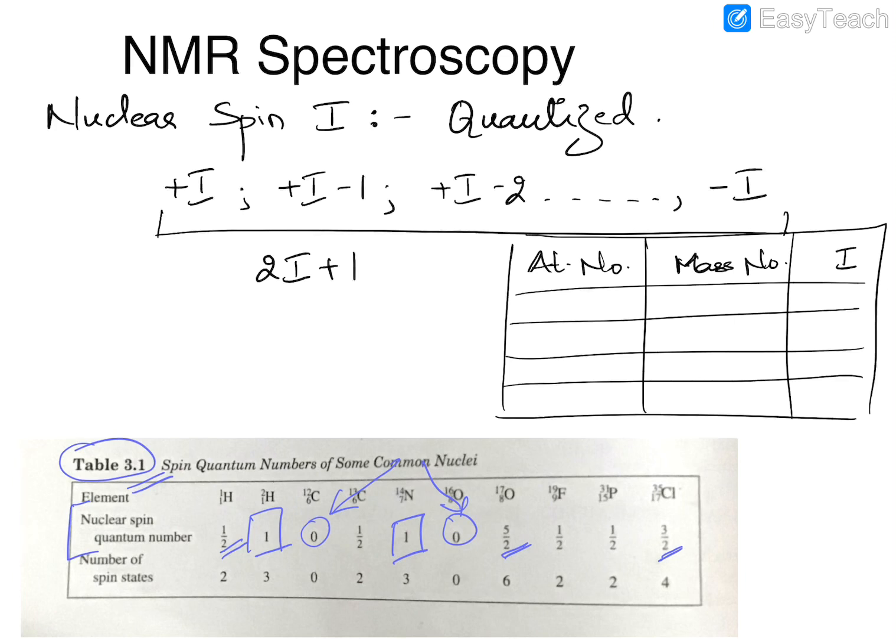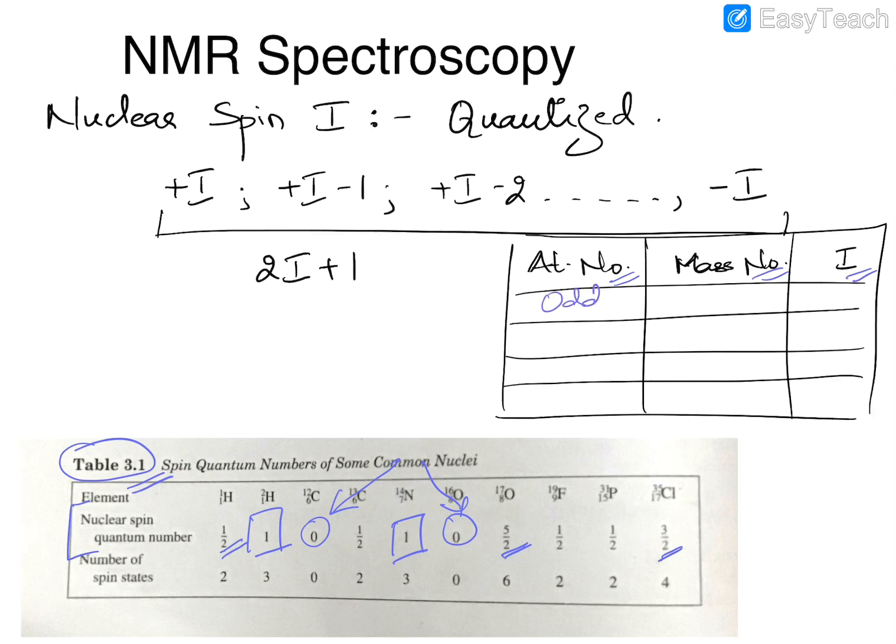When a certain nucleus takes 0 spin, half integral spin or complete integral spin depends upon the nucleons present in its nucleus. And if we had to establish a qualitative relationship between the atomic number, the mass number, and the value of I, it would come to somewhat like this.